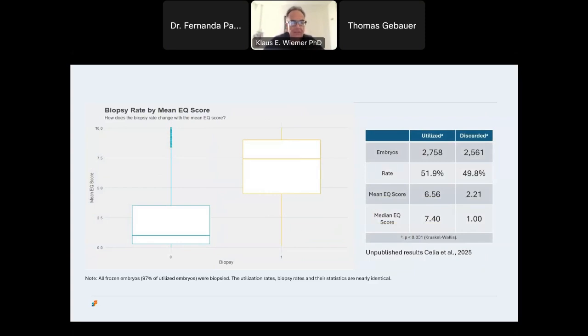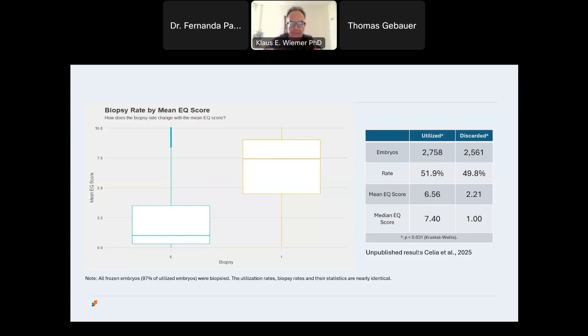And if we look at biopsy rates by EQ scores, by embryo quality scores, we can also see that the percentage of embryos that are utilized in the laboratory have higher EQ scores than ones that are not. And the reason why this is important is it has a lot of use in the laboratory. It can help us determine when we are going to have embryos to biopsy in the laboratory. It helps us a lot from a time management perspective.